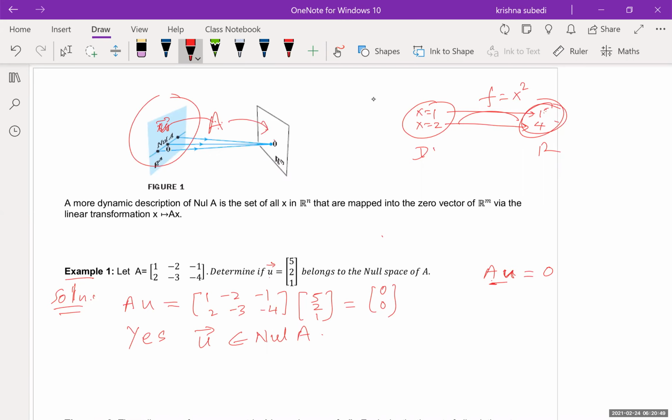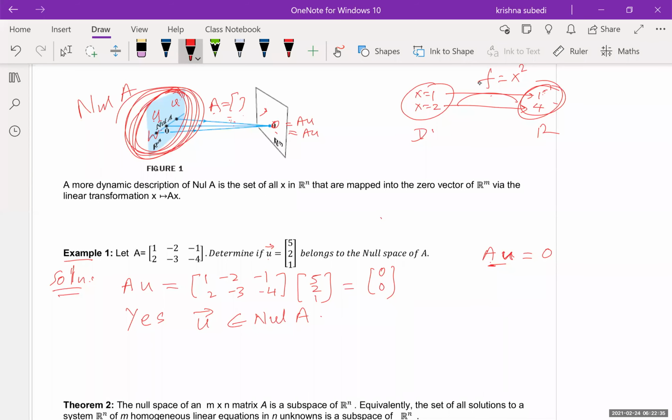Here we have all these different ones, but in order for this to be the null space, every element in the domain, when you multiply with A, must give 0, and the set of these is called the null space. The space generated by those vectors here is called the null space of A, because everything, when you multiply with A, gives you 0.